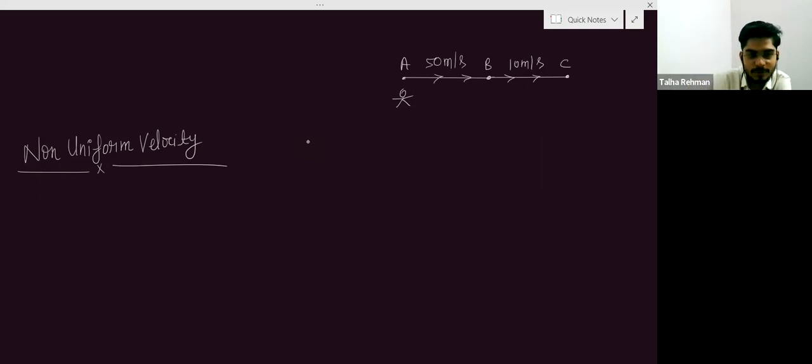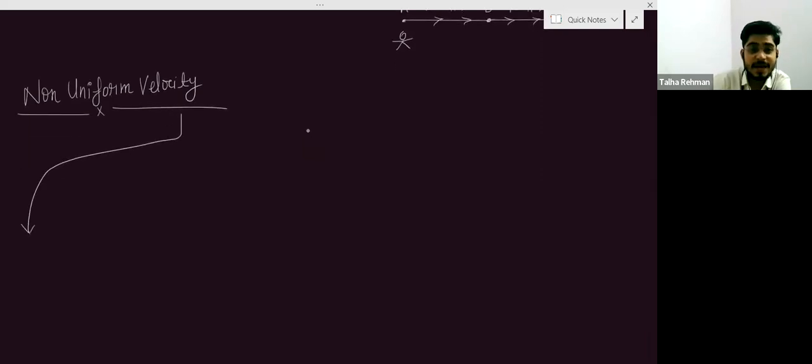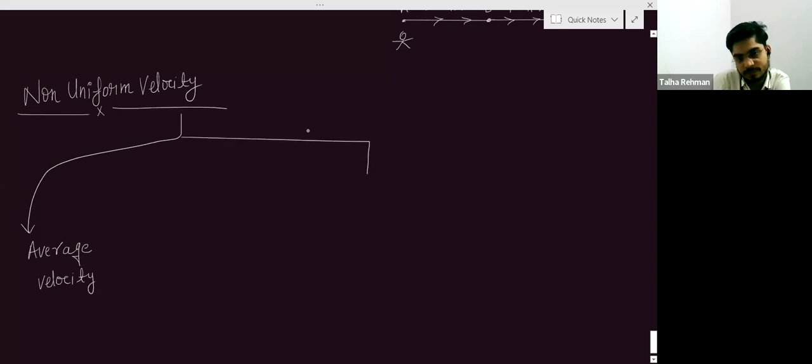This non-uniform velocity can be of two types. One is average velocity, and another is instantaneous. This instantaneous thing is new for you. This average thing, you know.